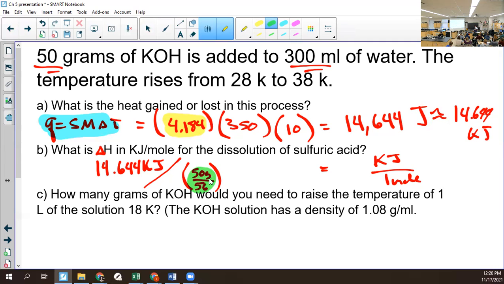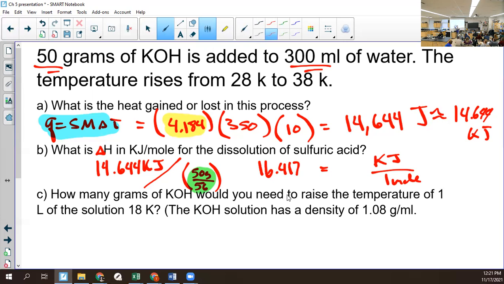So to convert this to kilojoules per 1 mole, I divide my kilojoules by my number of moles. Has anyone done that yet? What'd you get? 16.417. Are we okay with that? This answer is the heat produced from the given 50 grams.